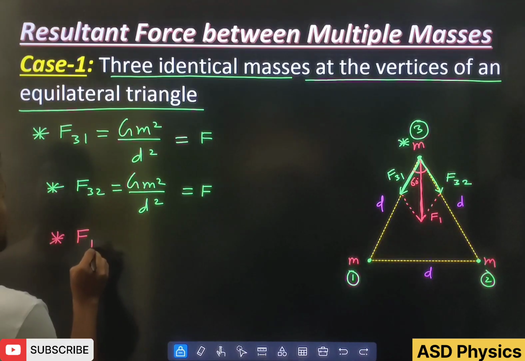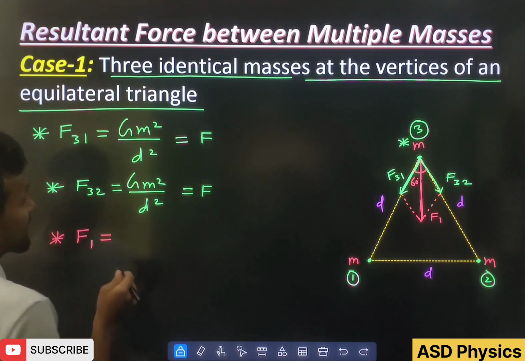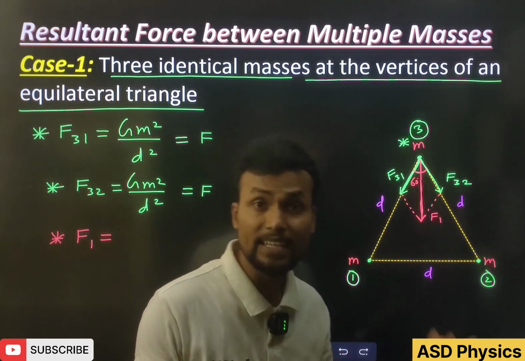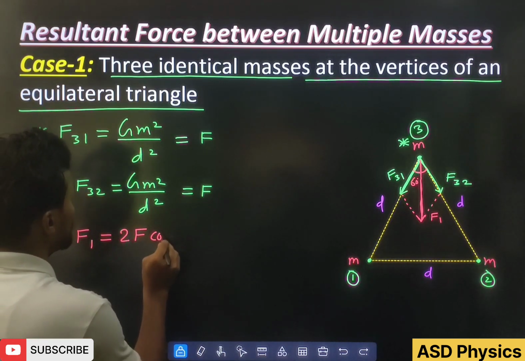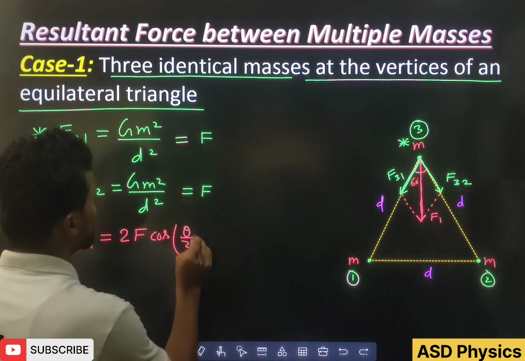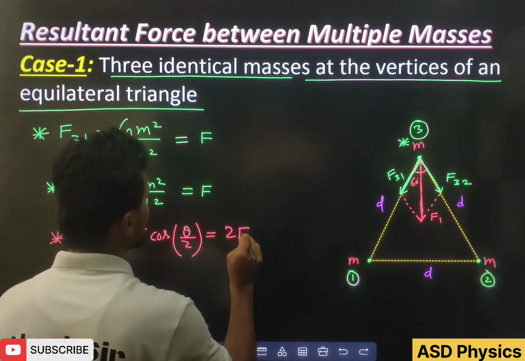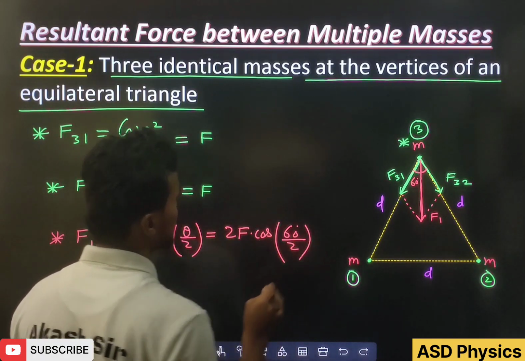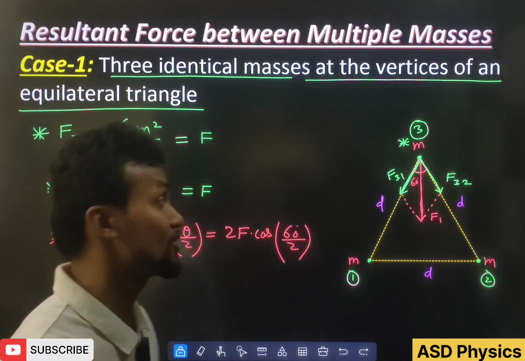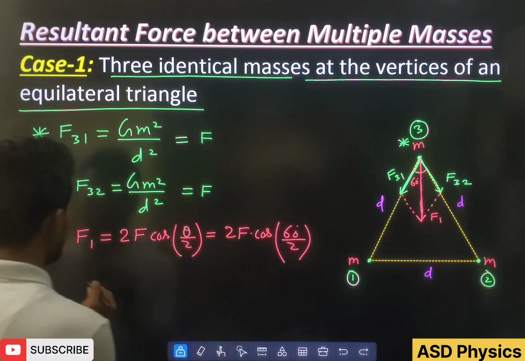If I write the resultant force, what is the formula? Both these forces are equal in magnitude, so directly I can use the formula 2F cos theta by 2. So this becomes 2F into cos of 60 degrees by 2, that means cos 30. What is the cos 30 value? Root 3 by 2.